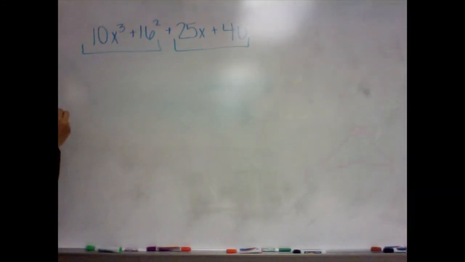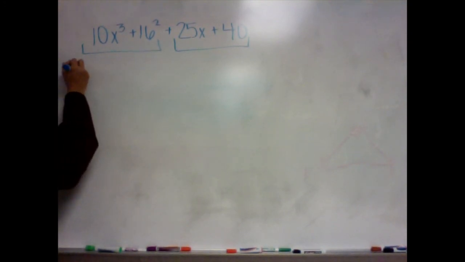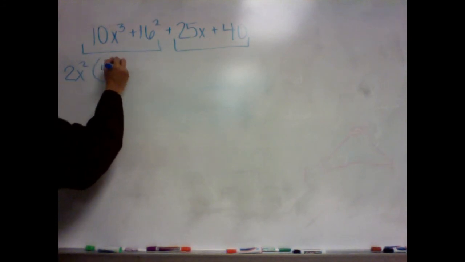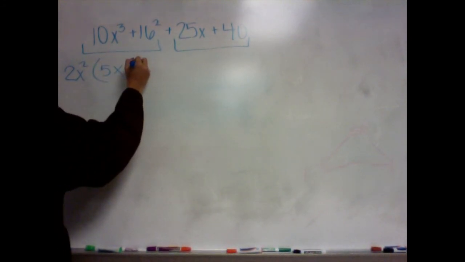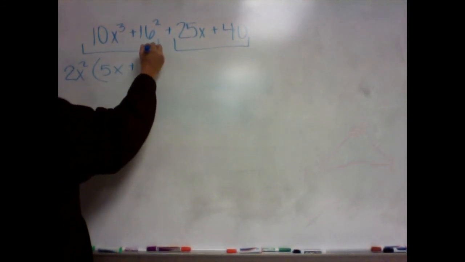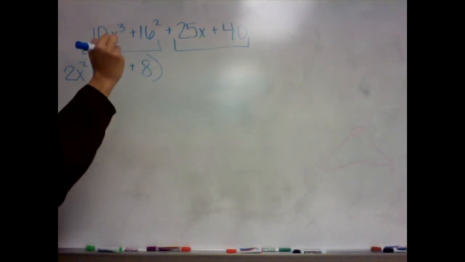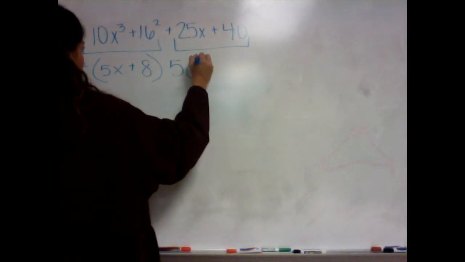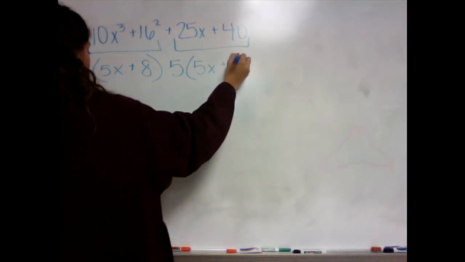So group the terms. Group the first two together and the second two together. And you can take out a 2x squared, and you are left with 5x plus 8. And for the other two, you can take out a 5, and you are left with 5x plus 8.